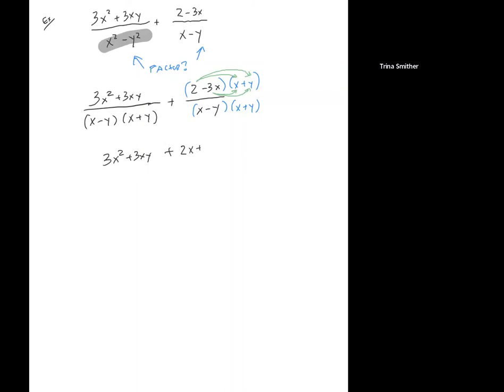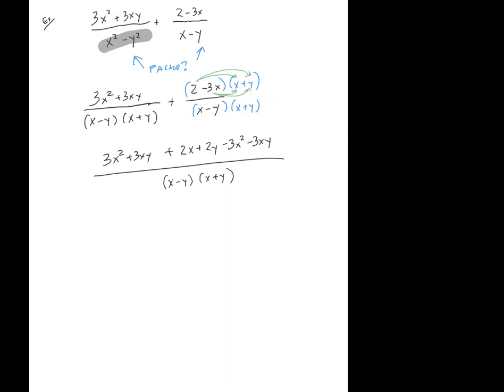Plus 2y, good. And then after we distribute the negative, 3x? Negative 3x squared, good. Negative 3xy, good. I'm only going to show one fraction now because my denominators are the same. Make sense, everybody?